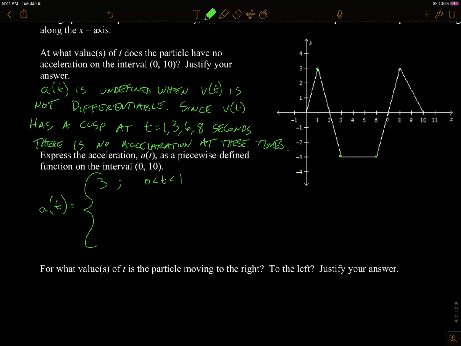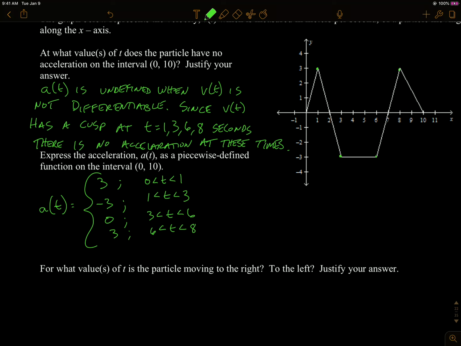Now we're going to do from 1 to 3. The slope of that line looks like down 3 over 1, so it looks like it's negative 3. Then from 3 to 6, that slope is 0. Then from 6 to 8, that slope looks like we're going up 3 and over 1.